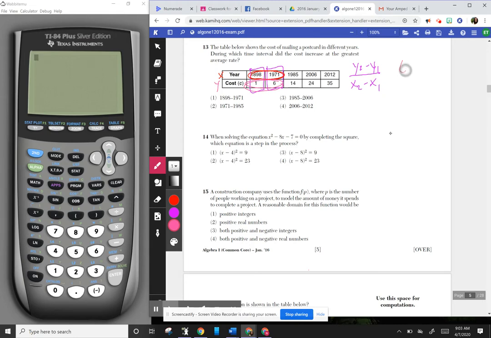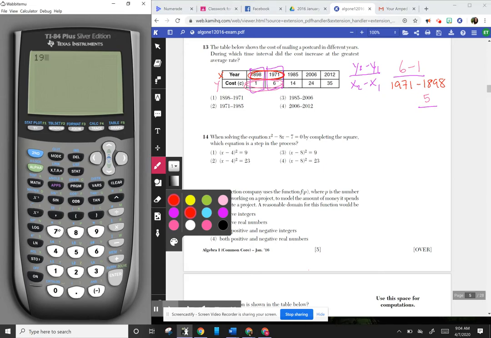So I'm going to do 6 minus 1 divided by 1971 minus 1898. 6 minus 1 is 5 divided by 1971 minus 1898.